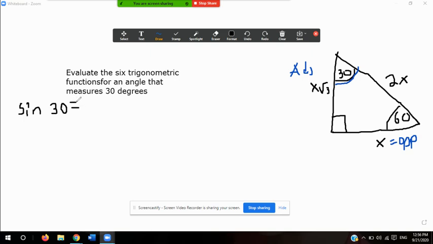So we say that the sine of 30, the opposite is the x, and the hypotenuse is 2x.